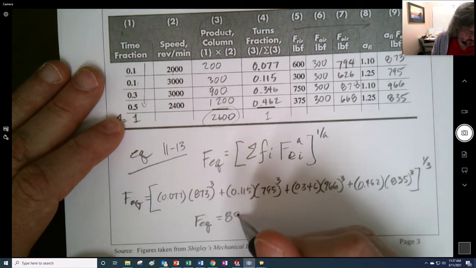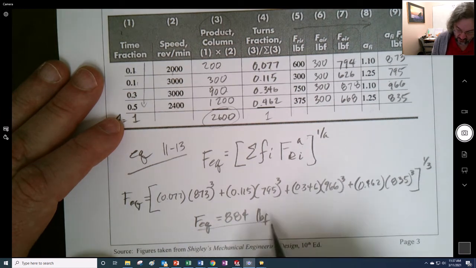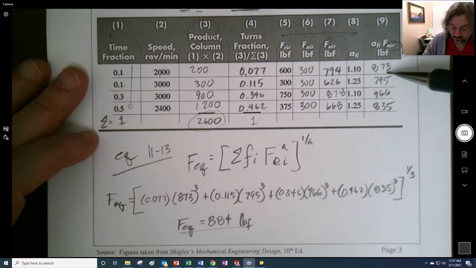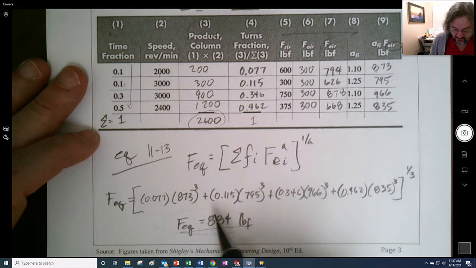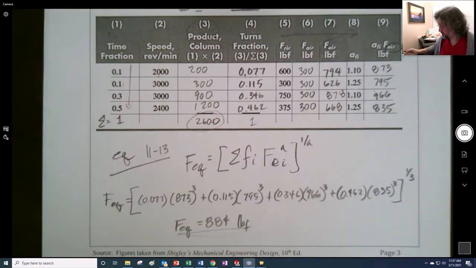This is the equivalent amount of constant force that was going through here. You could almost eyeball this to some extent when looking at it, but what we've done is systematically find what an equivalent force is going to be.